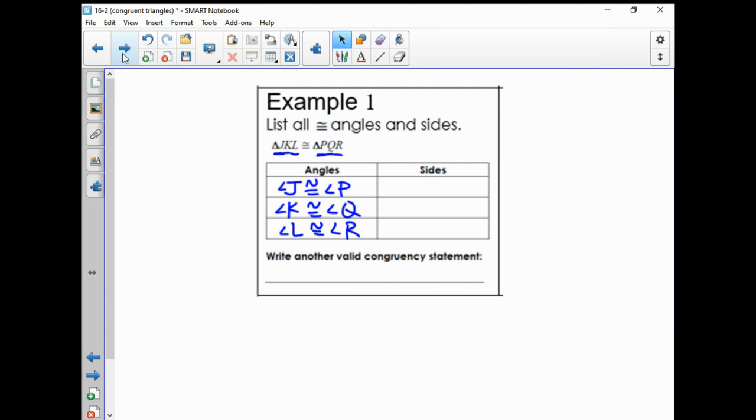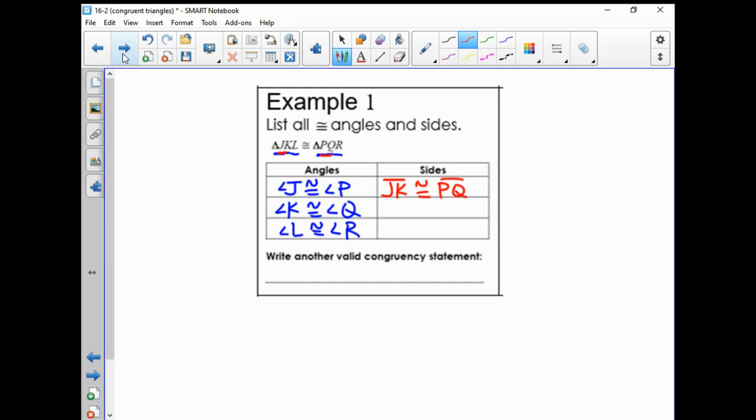Now, sides are just as easy. You just have to remember, when we're talking about a side, you use two letters. We're going to take our first two letters and say that JK is congruent to the first two letters over here, which are PQ.